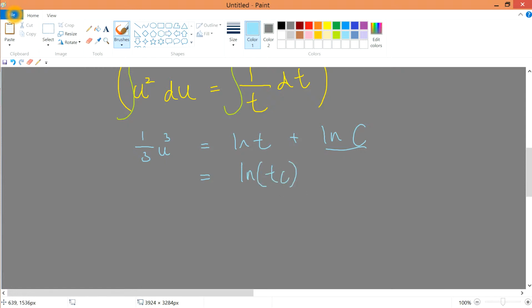Now I bring this 3 upward to the side, so I have u cubed equals 3 ln tc, and then I take the cube root. Now I replace u. Please remember to replace u back. I repeat again, please remember to replace u back.